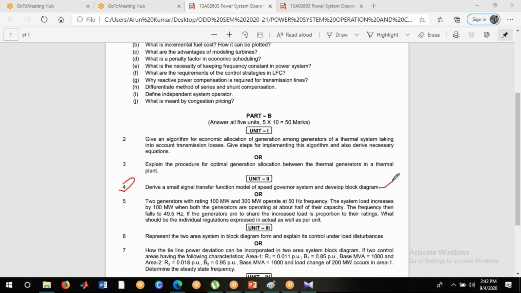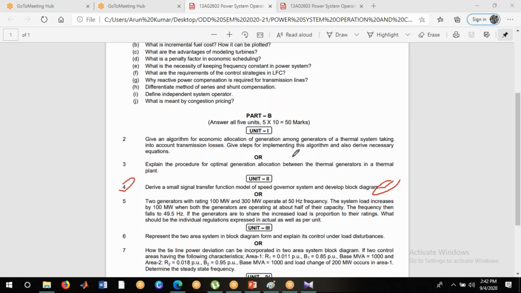That's why I already told you this is the most important question. From this concept, we make one block diagram consisting of the turbine model, generator model, and speed governing model. By combining these three models, we can make the block diagram.